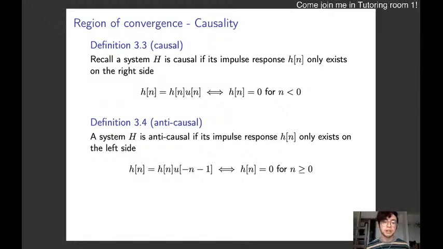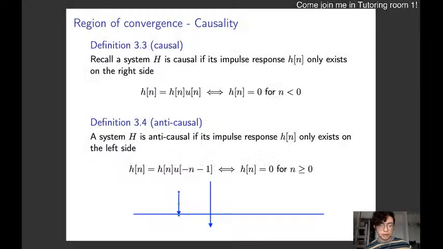Now, a related idea is anti-causality. If we have an impulse response that only exists on the left side, an anti-causal signal would look something like this, where all its samples exist here and not over there.